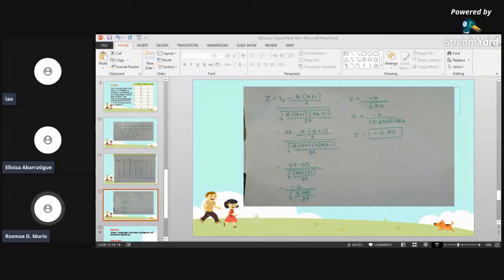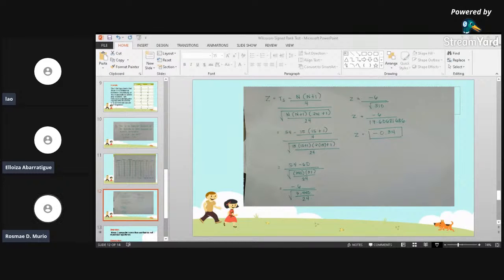So, 240, then divided by 24. Ayan po. Next po natin, nakuha na natin ang 54, ima-minus natin si 60.